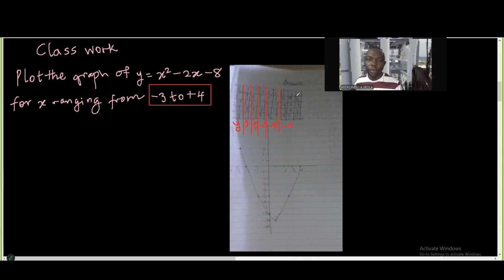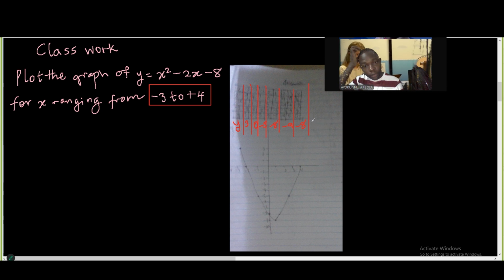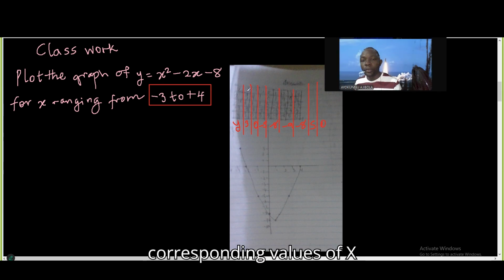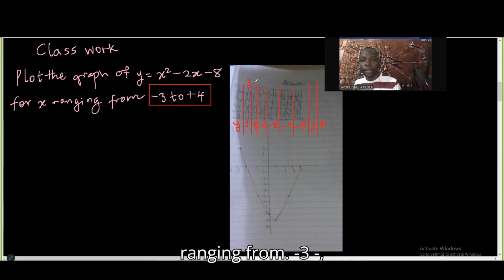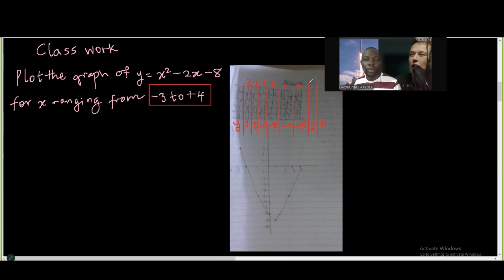Negative 8. 5. 0. And those are for the corresponding values of x ranging from -3, -2, -1, 0, 1, 2, 3, 4. Okay.